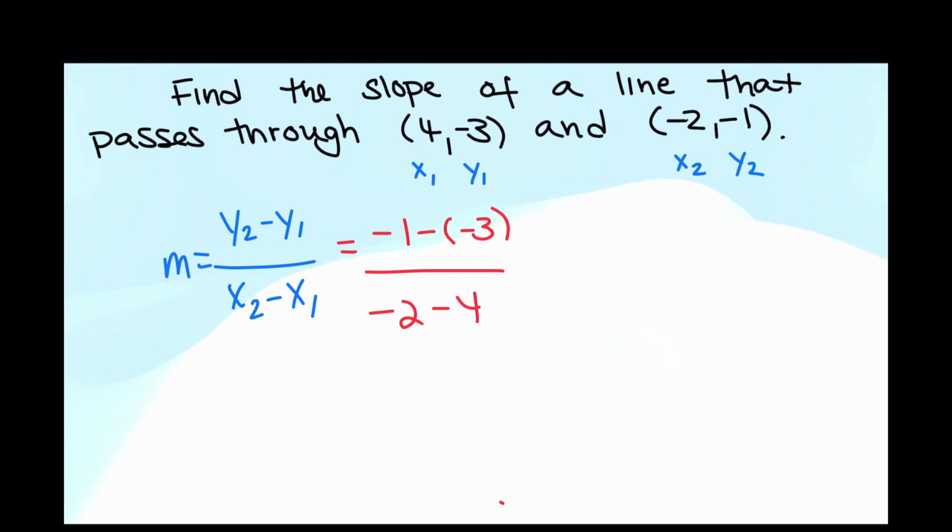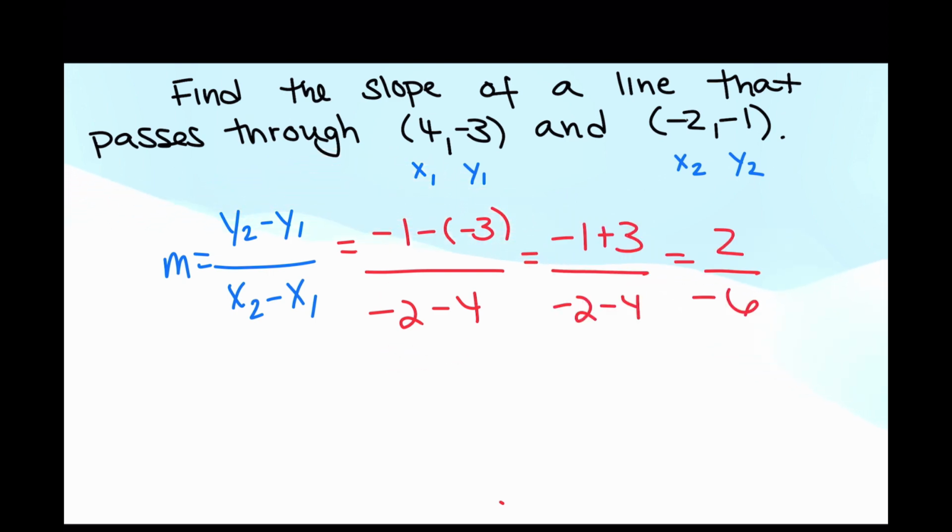So plugging those into my formula, I'm going to take y2 minus y1, so negative 1 minus negative 3, divided by x2 minus x1, negative 2 minus 4. Minus a minus becomes a plus, so negative 1 plus 3 is 2, and then negative 2 minus 4 is negative 6. We are going to reduce this fraction.